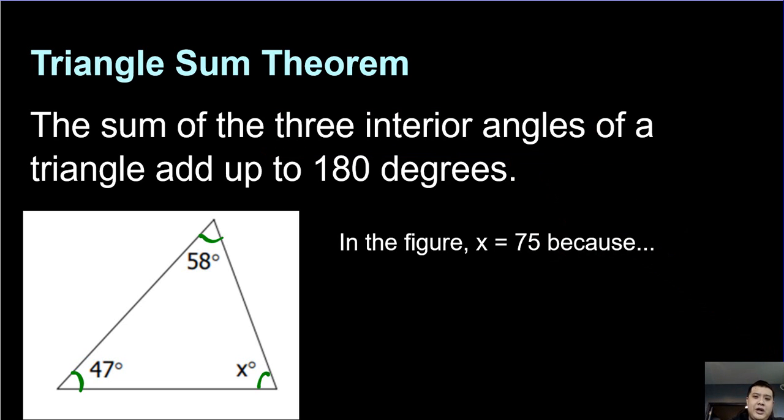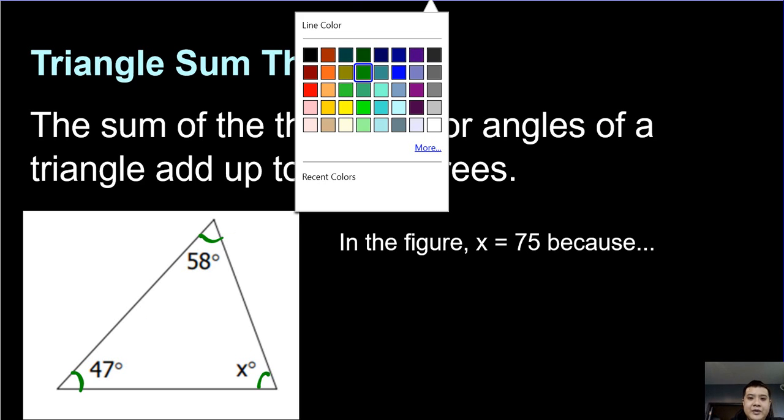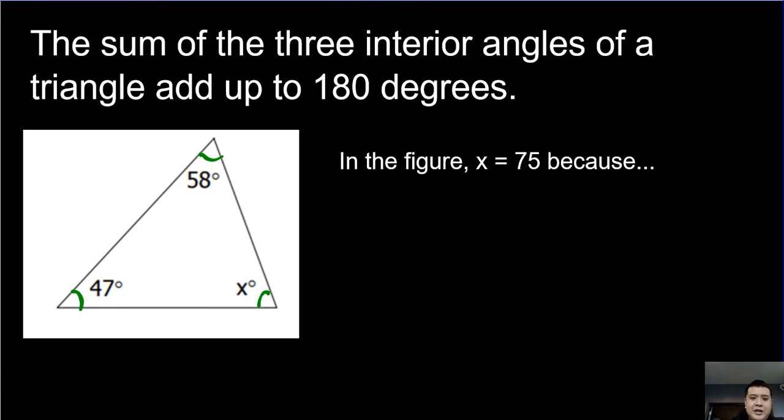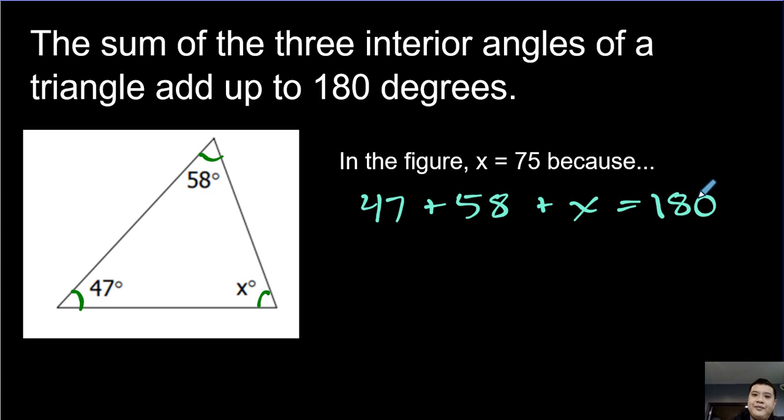And we know that two of the angles are 47 and 58. So we can find that last angle by setting up an equation where 47 plus 58 plus x should equal 180 degrees.